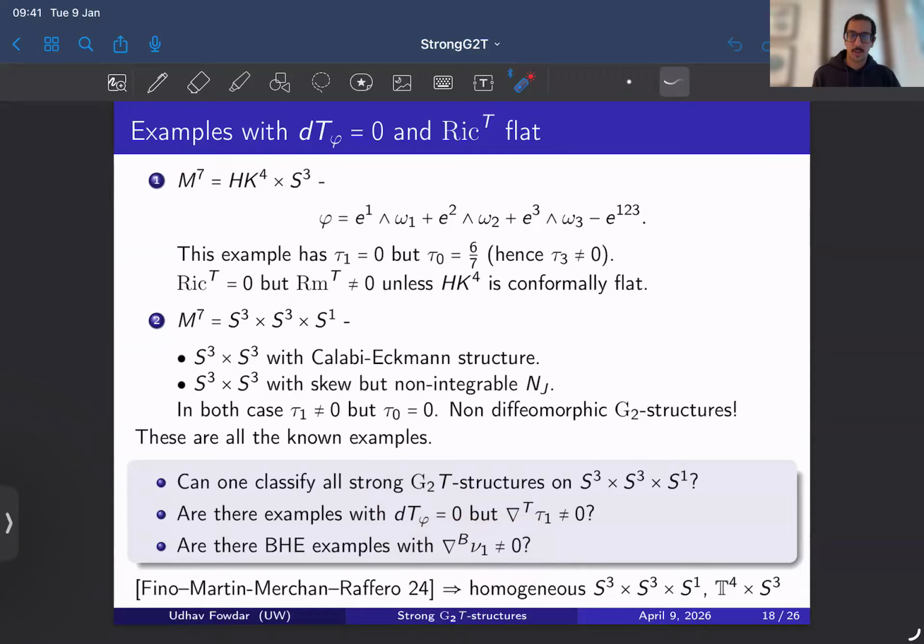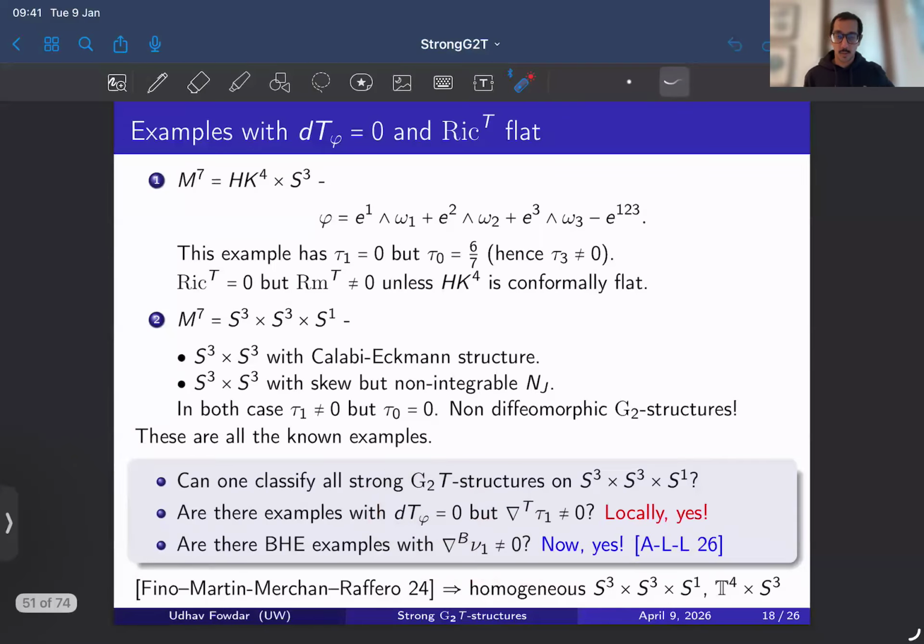The second question was open for a while, and the recent result by Apostolov that I mentioned before, with collaborators, is that yes, it can happen. The Lee form doesn't always have to be parallel with respect to the Bismut connection. In the G2 case, we already had an example with Anna, but we only had a local example, so we do not have complete examples of this phenomenon at the moment. So I will just mention the examples we have.